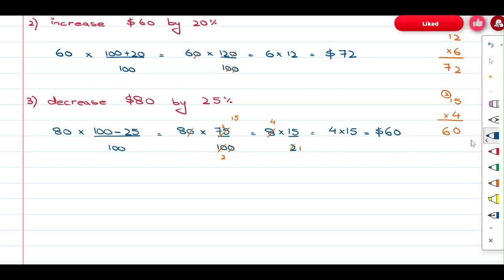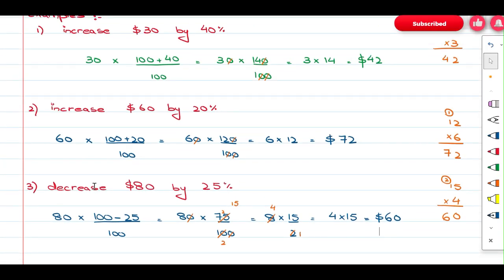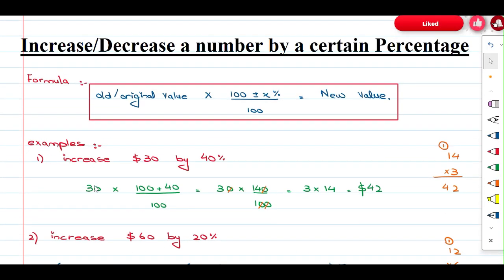So now you can see with the help of this formula, every increase and decrease question by a certain percentage is very easy, right? Now let's apply this formula on some word problems, how we solve the increase and decrease of a number by a certain percentage.